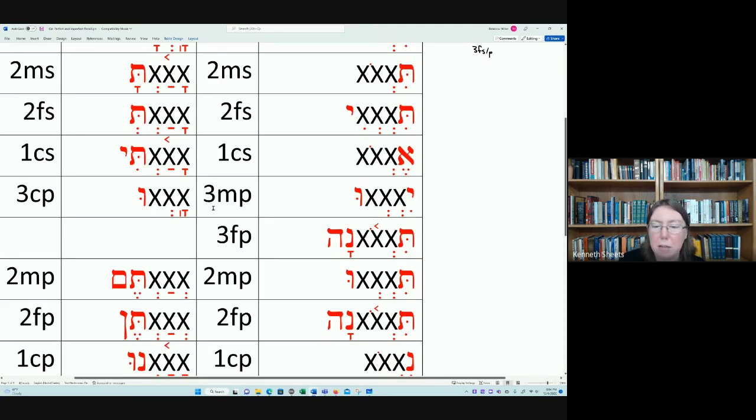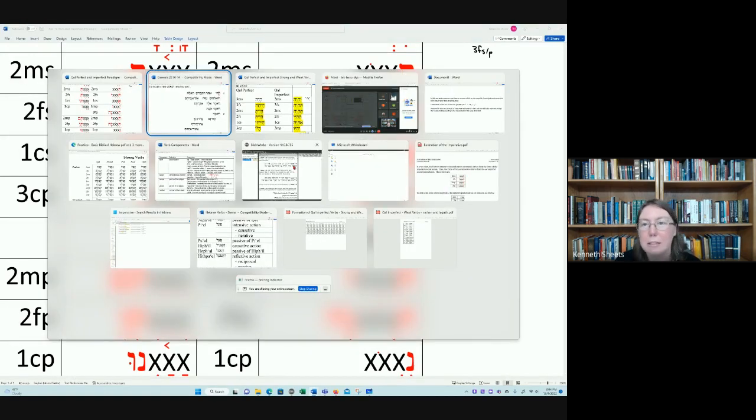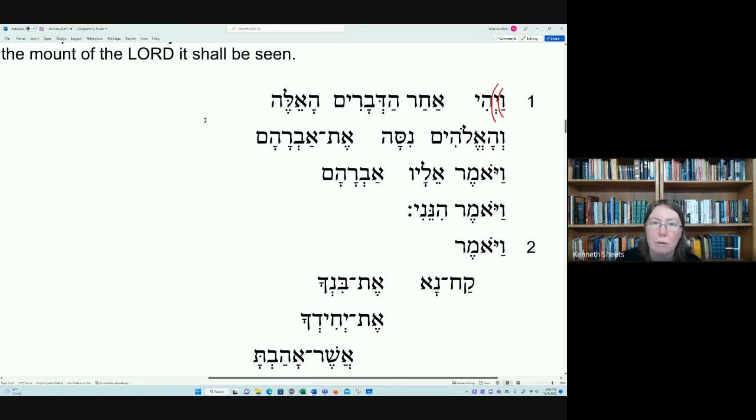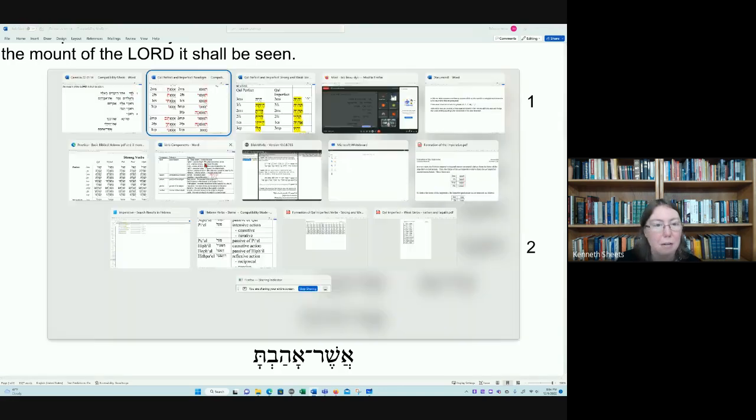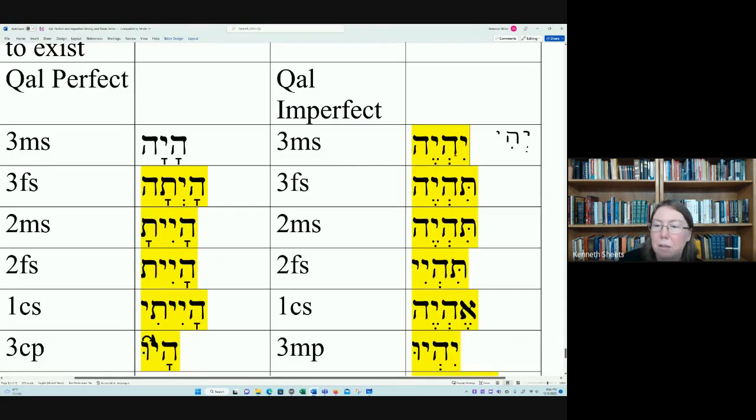So the third masculine plural has a U class of vowel, that shureq at the end. And so thus that is one of the easy ways to determine if I'm dealing with a third masculine plural or not. I look for a U class vowel. I don't have a U class vowel here, so I know this is going to be singular. And I also know this is going to be qal, because this is that form of haya that we looked at instead of seeing yihya.